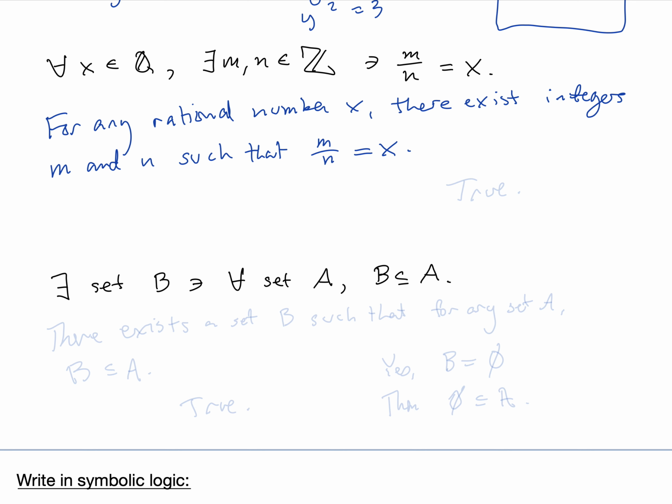Is that a true statement? Yes, that's basically the definition of a rational number. If x is a rational number, it can be written as a fraction of integers where the denominator is non-zero. So yes, this is a true statement.